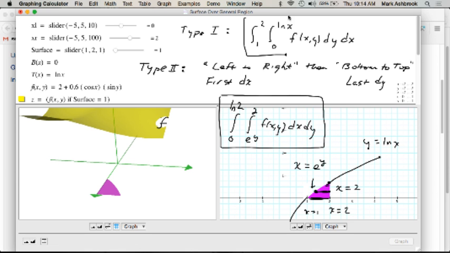But these two will give the same value. There are two ways to write the exact same, geometrically, the same volume. Or, if f is a rate of change, well, you're going to get the same accumulation of your quantity. Because you're still accumulating f over the same region, you're just ordering it differently, right? Organizing it differently. So those will be equal.